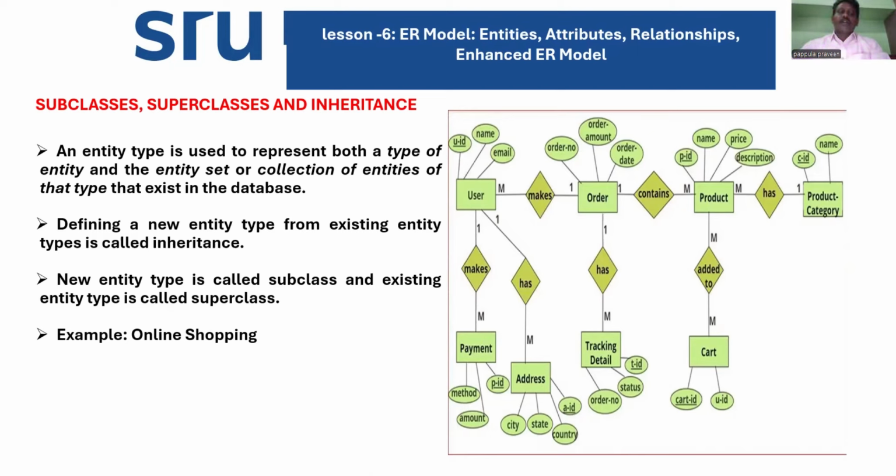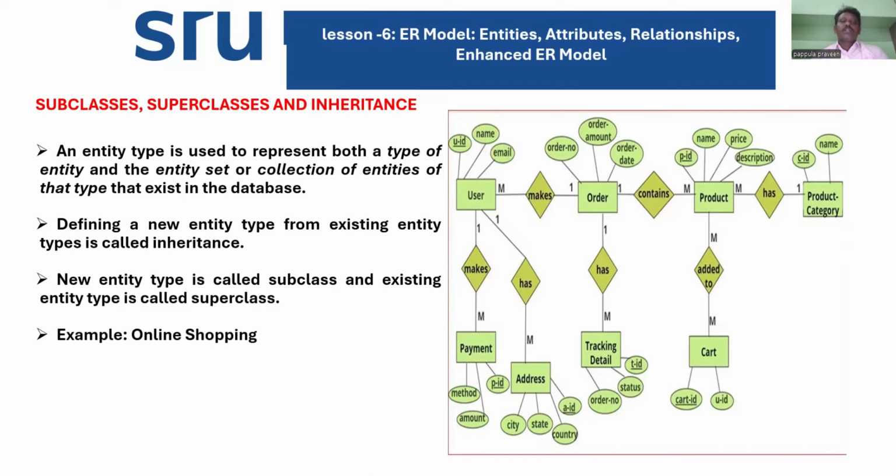Defining a new entity type from the existing entity type is called inheritance. In inheritance, we have different types: single inheritance, multiple inheritance, hierarchical inheritance, and multi-level inheritance. When we create a new class, this class is based on the superclass.